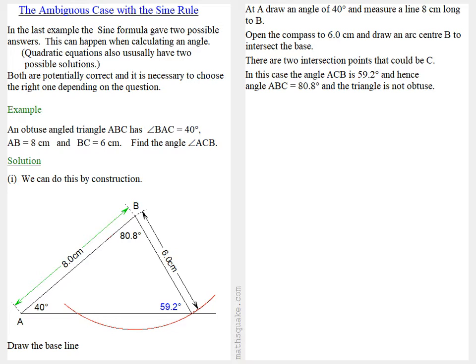Now this means the angle ABC is equal to 80.8 degrees because the angles in the triangle add up to 180 degrees, and we see the triangle is not obtuse.